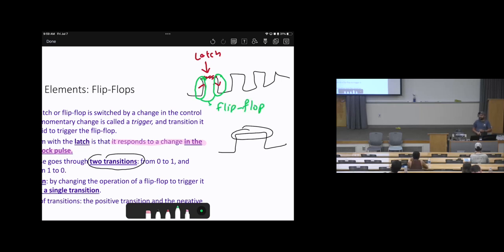So we created the flip-flop such that it will be updated once, not updated during a period of time. Whenever the clock, for example, goes from high to low, update the system. Don't keep detecting, updating only once. It's not like the latch, which will detect during the whole on time.